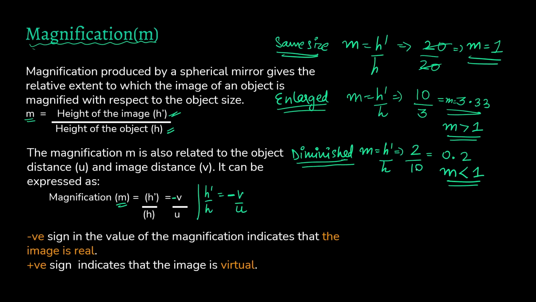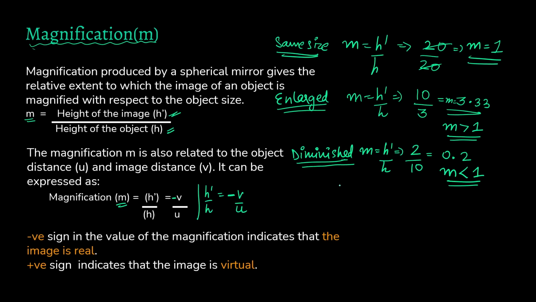So in the formula m equal to h dash upon h, just put h dash as a bigger number than h. You make a decimal, you divide it and you see what number you get, and you immediately know, okay, this is greater than 1, so it is enlarged. Okay, great.